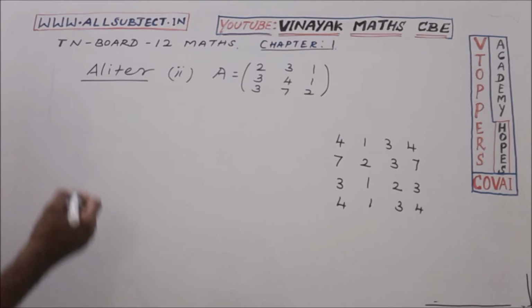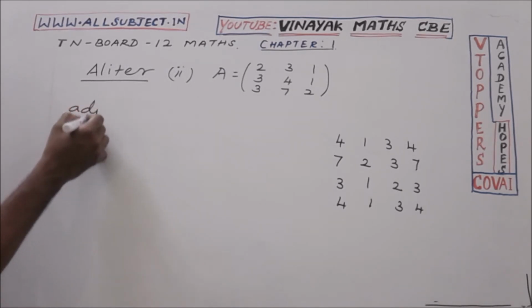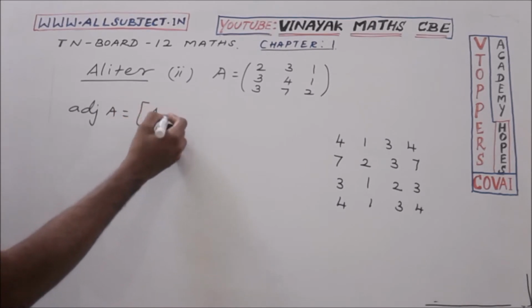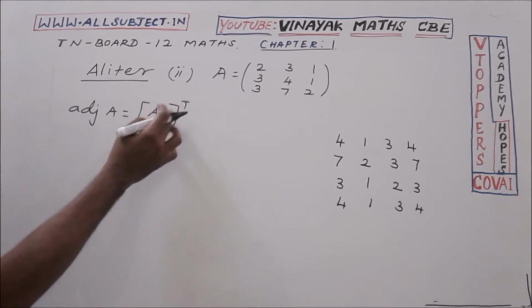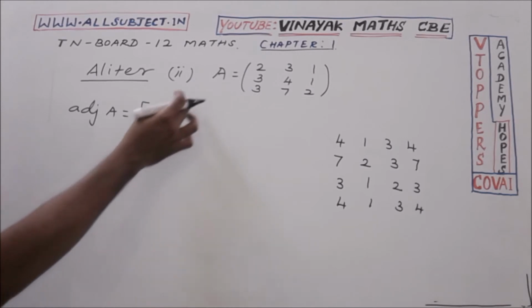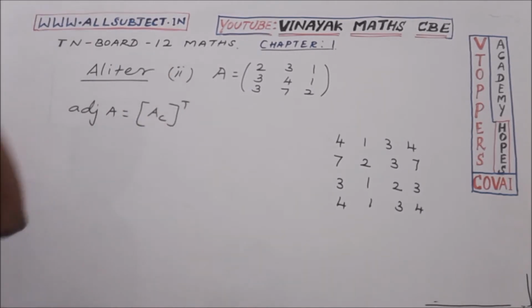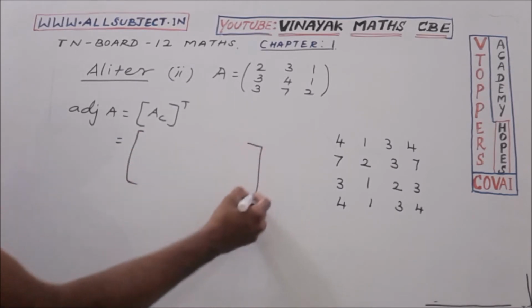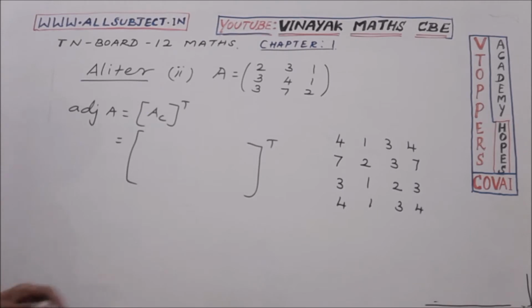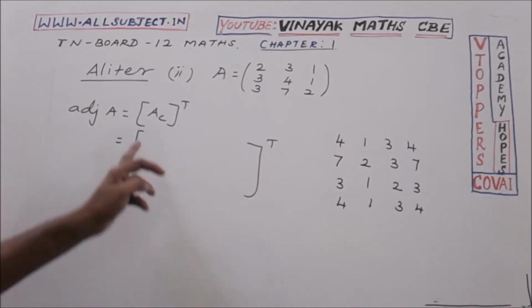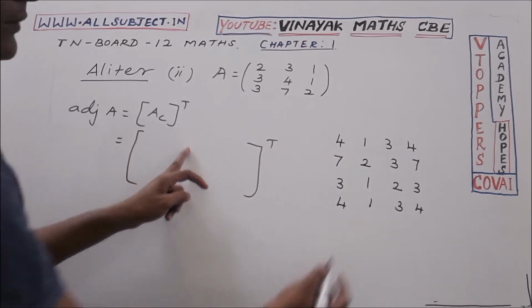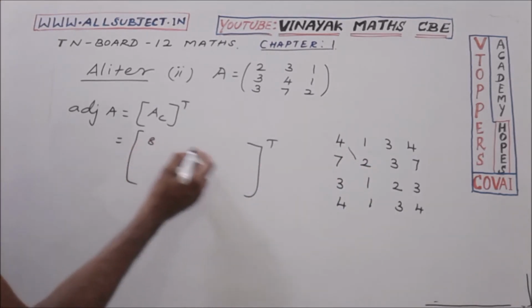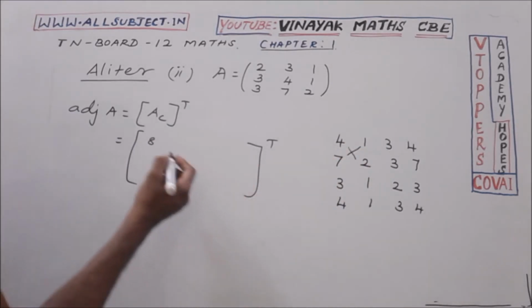Now adjoint of A is equal to transpose of the cofactor matrix, A cofactor transpose, or Aij transpose you can write. Now finding the cofactor values inside, cross multiply these two elements, 8 and then multiply this one as 7.